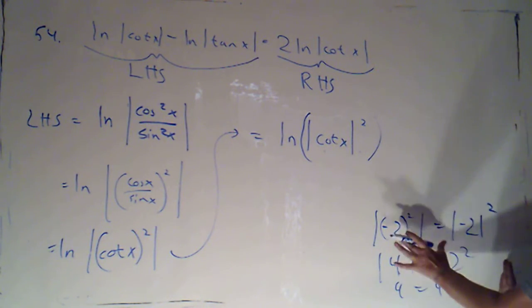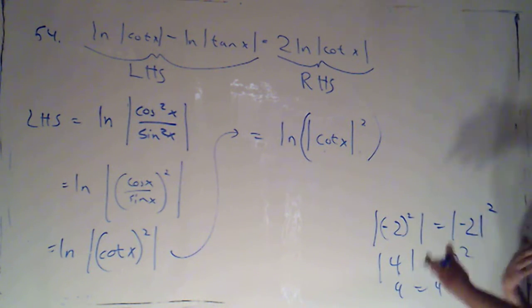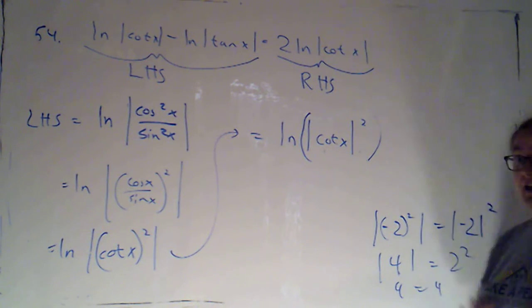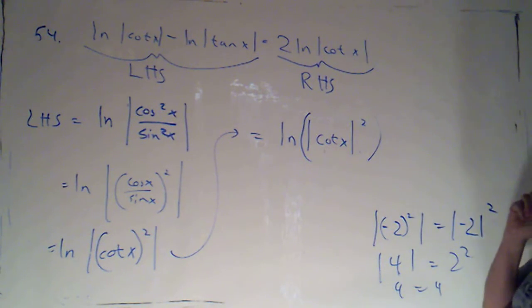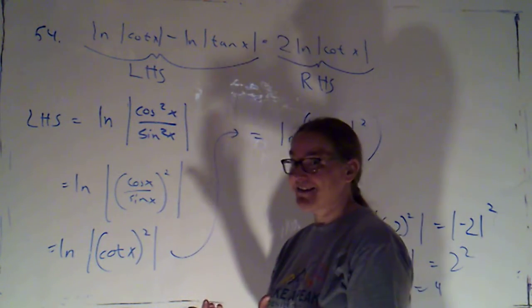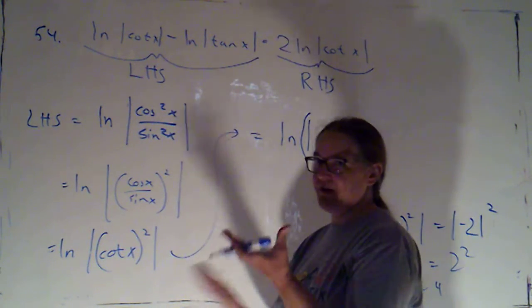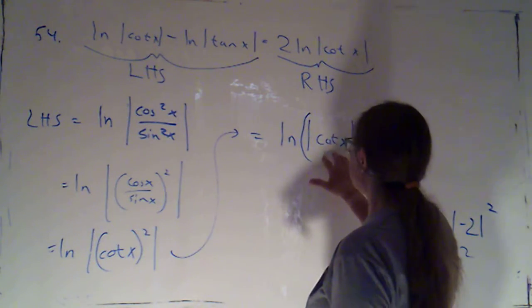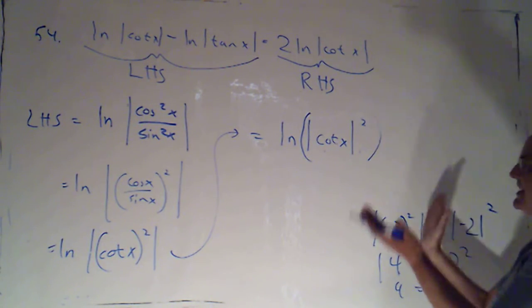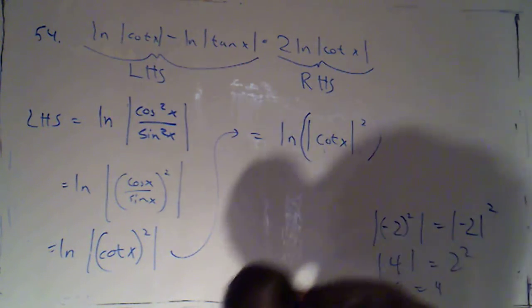That doesn't prove anything, but sometimes if you're not sure whether you can do something, picking an easy example to see whether it works can be helpful. Now, I don't want to say just because it worked once, it works every single time, but if I think about this, squaring it is going to make it positive, and it's the absolute value times itself. Taking the absolute value is going to make it positive, and then it's the absolute value times itself. Same thing. That's kind of cool.